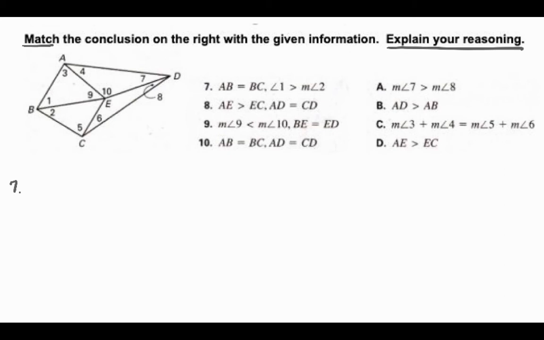In problem 7, I'm looking for the triangle that has AB and BC, and the triangle that has angles 1 and 2 with another common side. So for problem 7, I'm going to use this set of information.